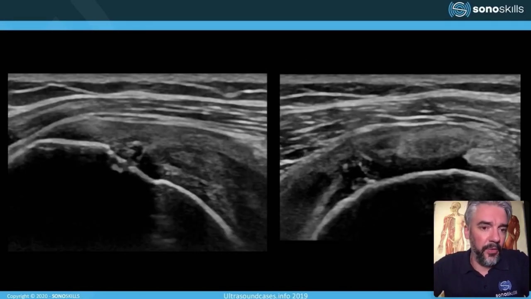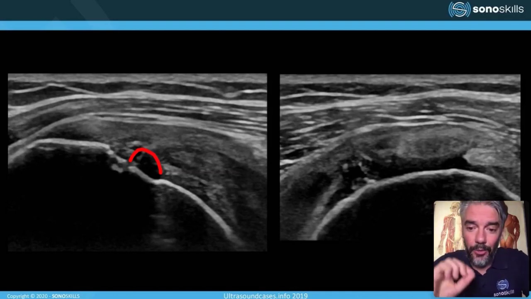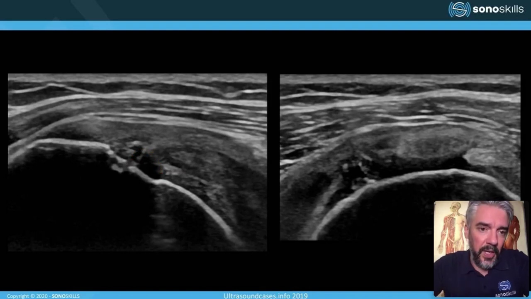And in this case, we can see that this might be anisotropy. You need to toggle and heel-to-toe rock your transducer. But in this case, we know that it is an articular sided tear, longitudinal, so the length and the height. And here we can also see the width of the tear.